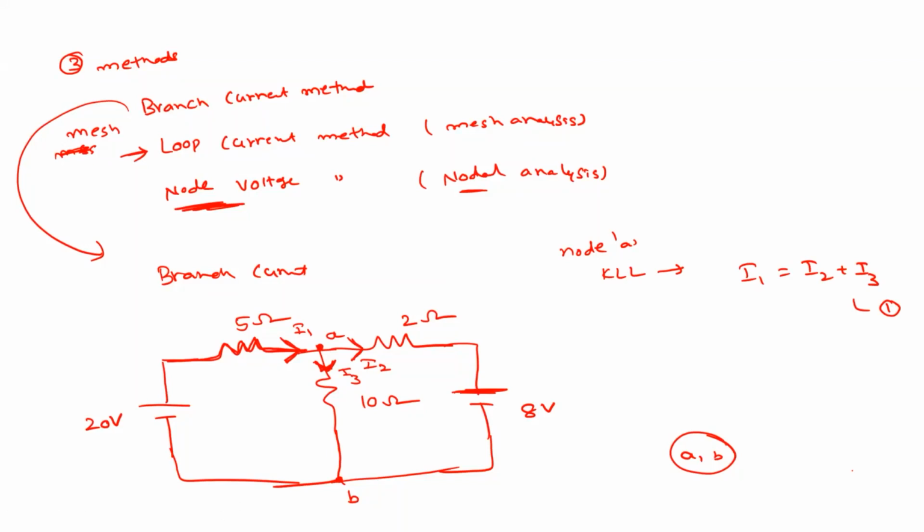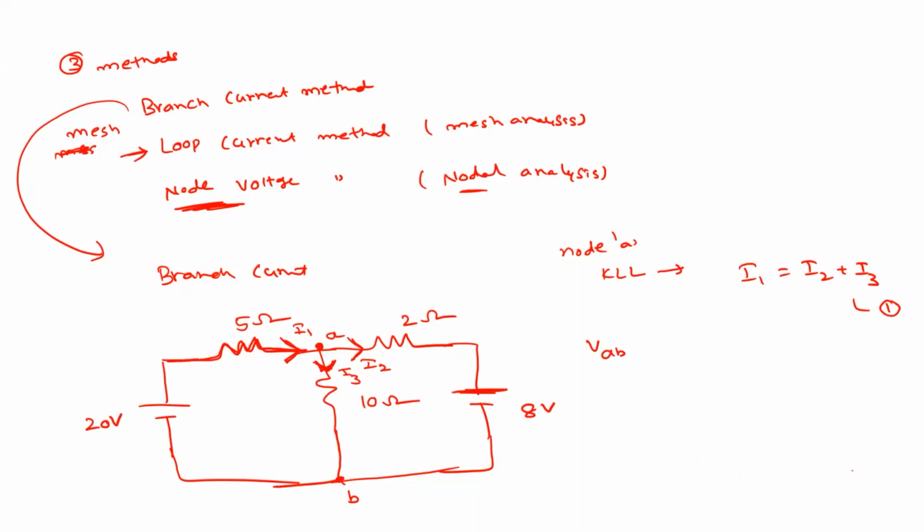So the next thing is the voltage between the nodes, employed to relate the currents. This is the voltage between nodes, this is VAB. From this VAB we need to obtain the relevant equations.